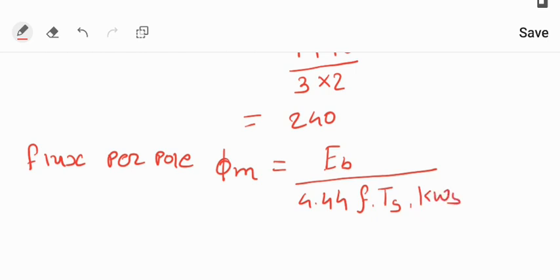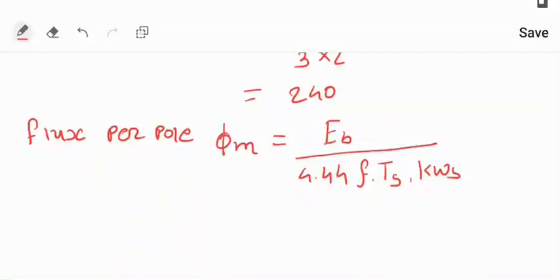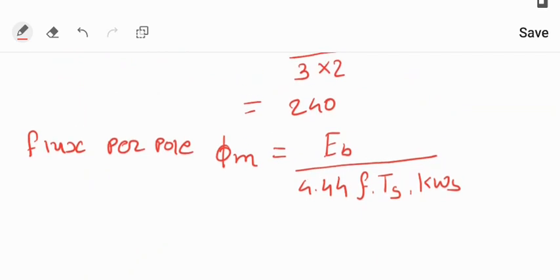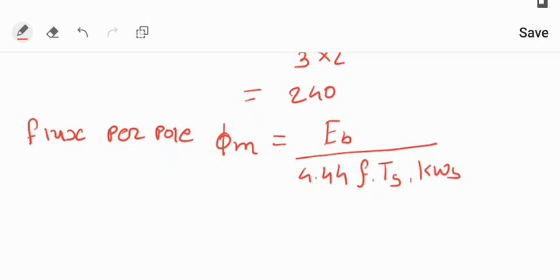So we have to put in the values of all those terms. EB is the stator voltage per phase, and the stator voltage per phase is given as 400; the value of EB is given in the data.